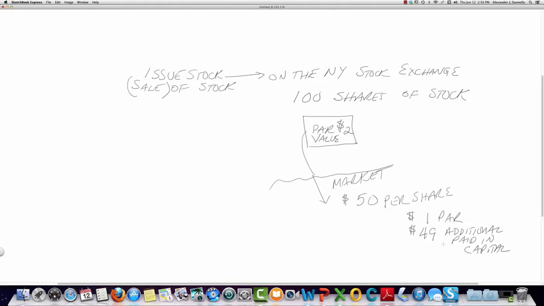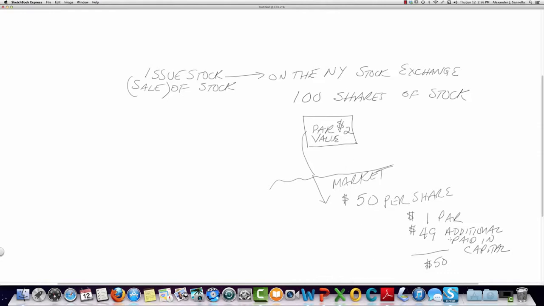So even though you receive the full $50, contributed capital is made up of two components. It is made up of the par value of the stock as well as the excess over par.